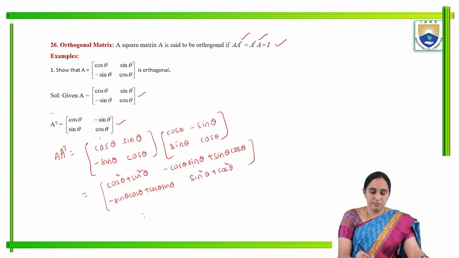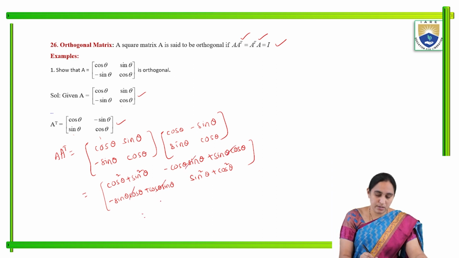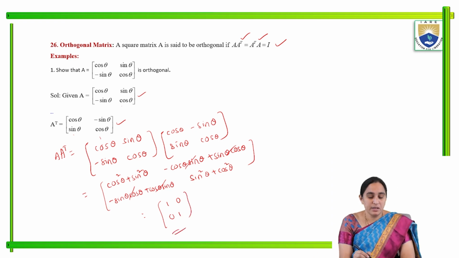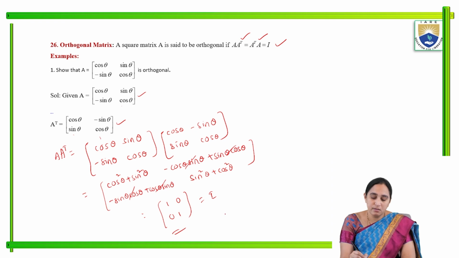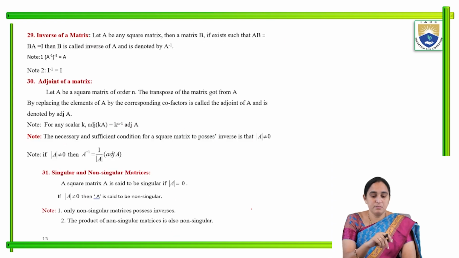These terms are cancelled and these terms are cancelled. That means A into A transpose is equal to I, and again A transpose into A is also equal to I. This is an orthogonal matrix.